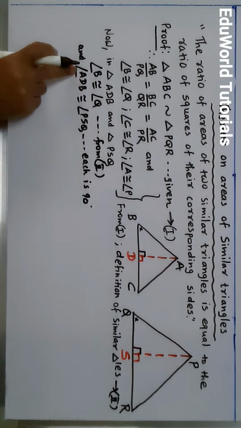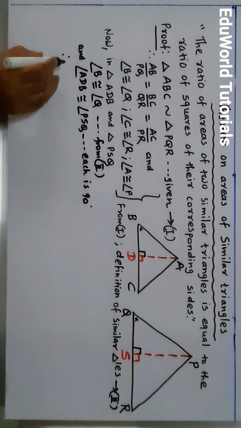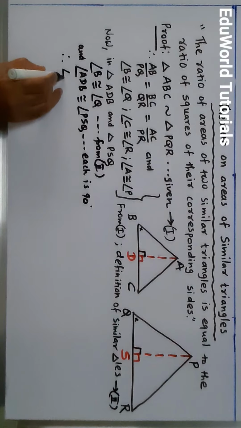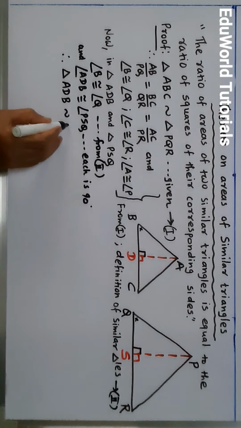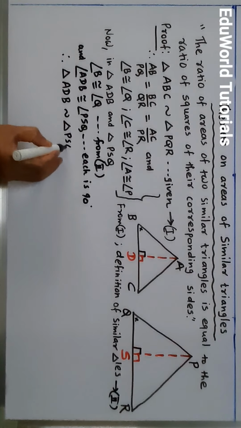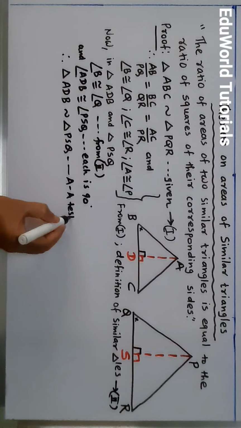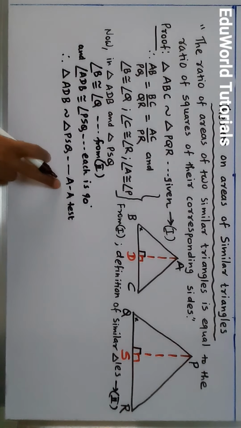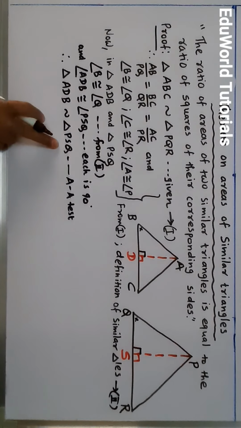When two angles of one triangle are congruent to two angles of another triangle, then the two triangles are similar. Therefore triangle ADB is similar to triangle PSQ. Which is the test? Recall the test of similarity. It is the AA test, a test derived from the AAA test. So you can see these triangles are also similar.